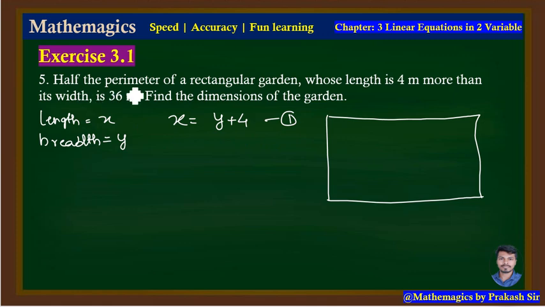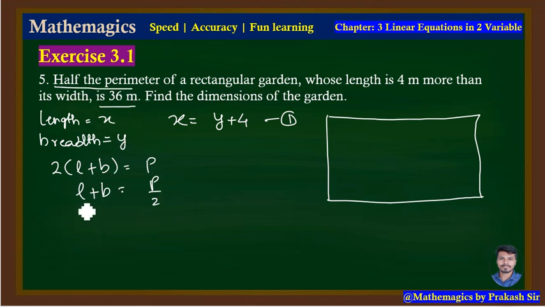And half of the perimeter of a rectangular garden is 36 meter. It means what is the perimeter? Perimeter is 2 into length plus breadth. And here length plus breadth is equal to perimeter by 2, because this 2 has come here. The question is saying half of the perimeter, means perimeter by 2 is equal to 36 meter.